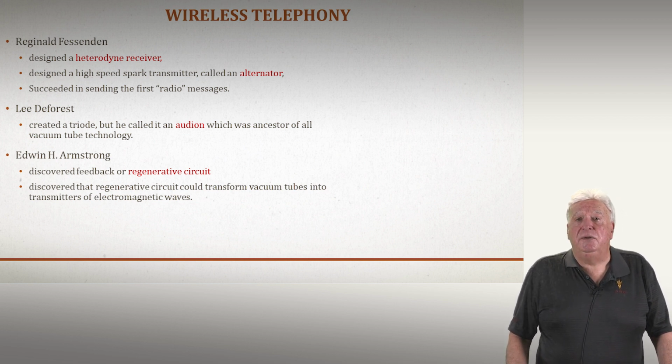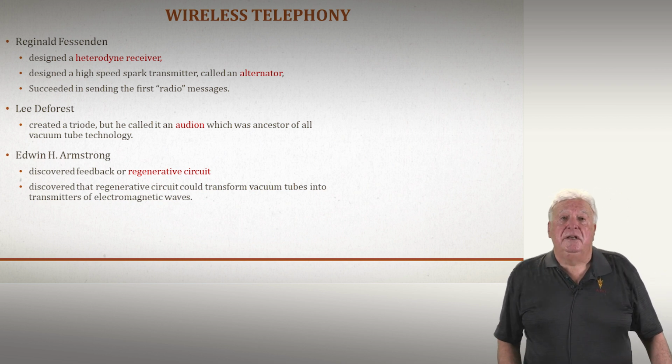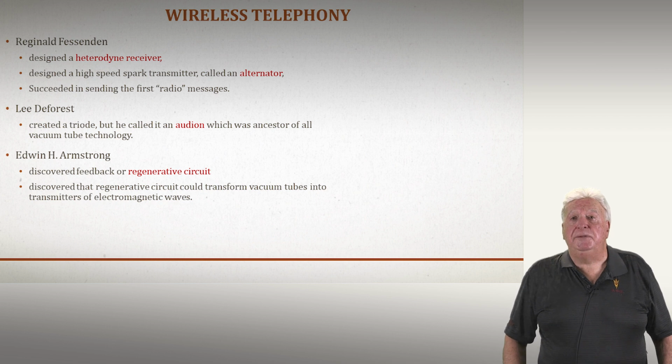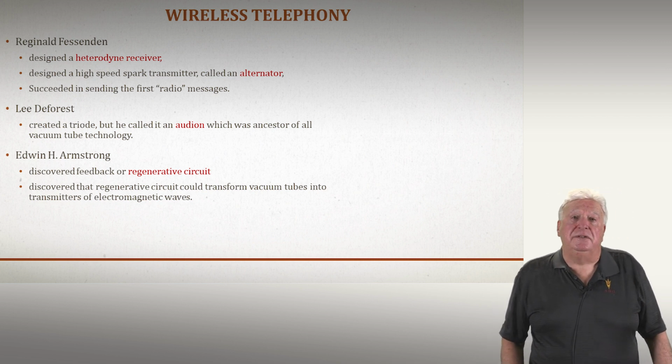In 1902, he designed a high-speed spark transmitter called an alternator that would transmit sparks so fast that the waves it created were almost continuous. Using equipment that would otherwise be sending Morse code, Fessenden succeeded in sending the first radio messages.